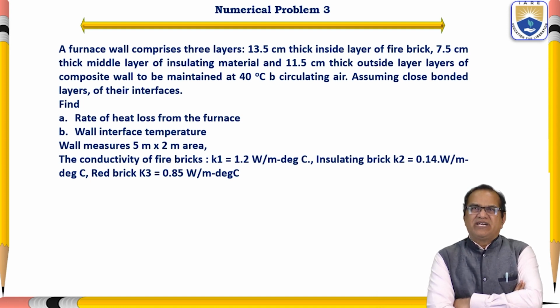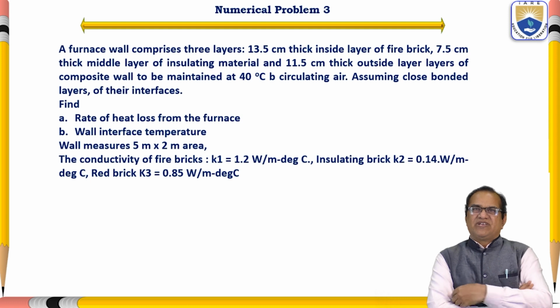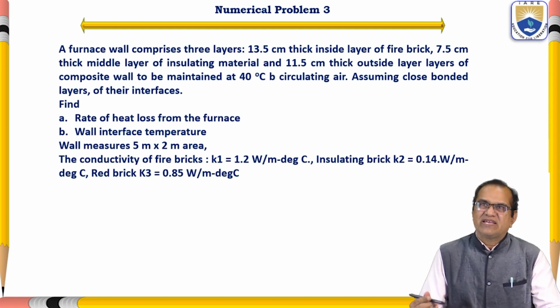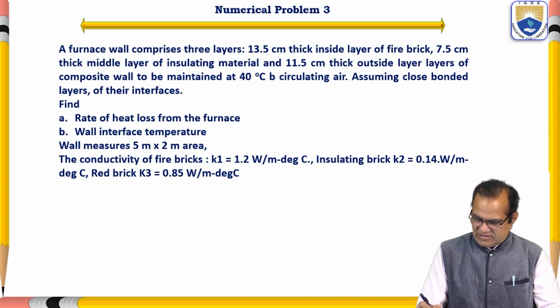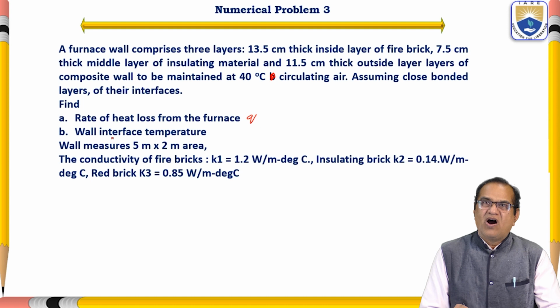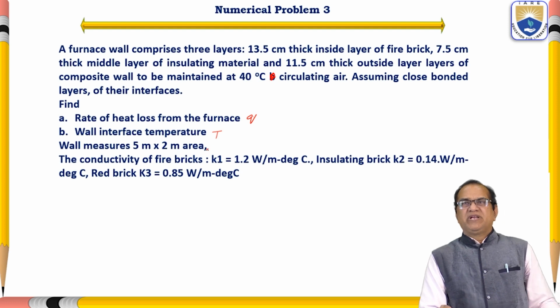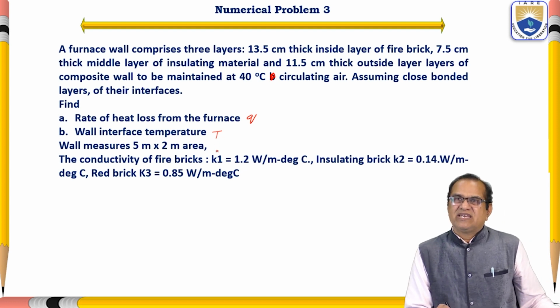Assuming close bonded layers at the interfaces, find the rate of heat loss from the furnace, Q, and the interface temperatures. The wall measures 5 meter by 2 meter, so area is equal to 10 meter square.